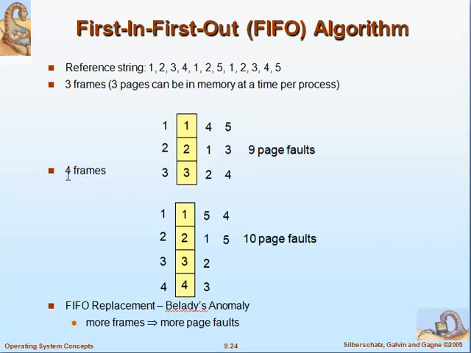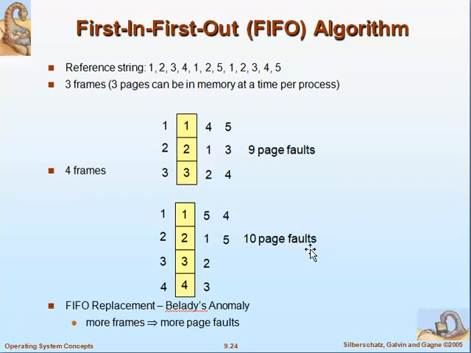And if we increase the frame size to 4, so instead of 3 frames we will have one more extra frame, and if we work this out on the same reference string, we will get 10 page faults. So this is not desirable.